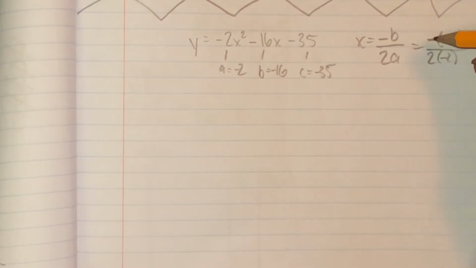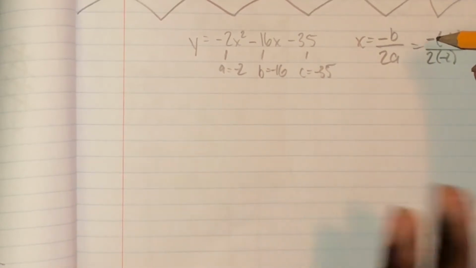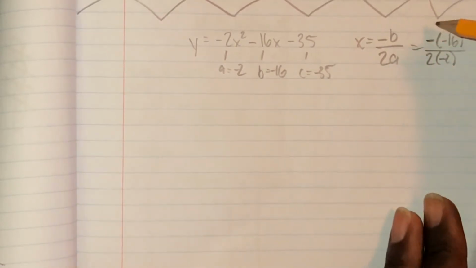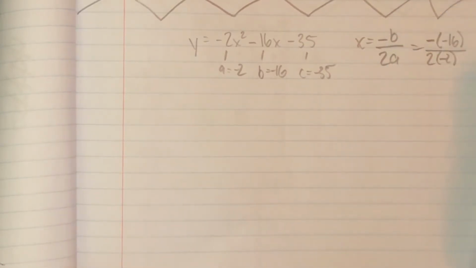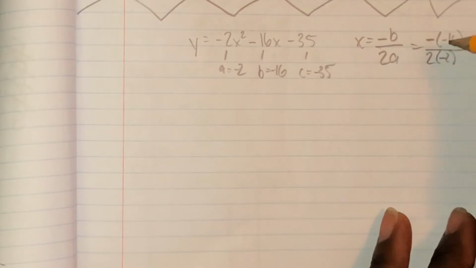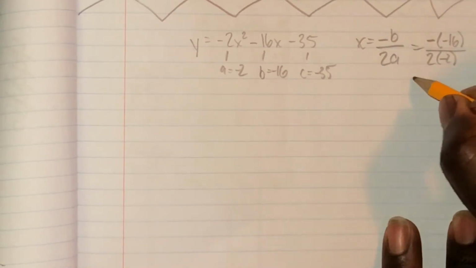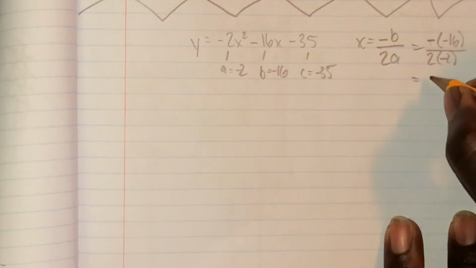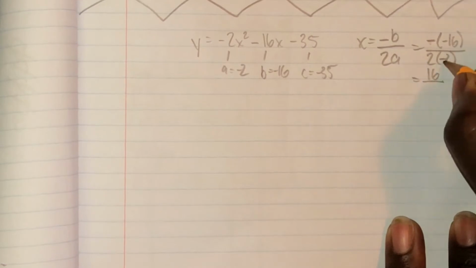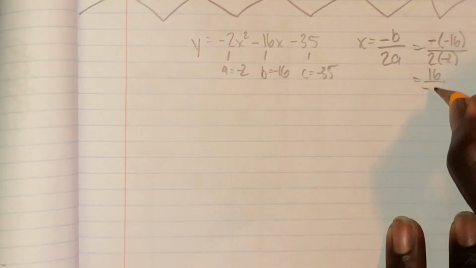Now remember, this negative is a part of the formula already. And this negative 16 is a substitution for b. So the b is just somebody who plays the b position, and negative 16 substitutes in to that position. All right? So I have a negative 16, which is just 16, over 2 times a negative 2, which is negative 4.